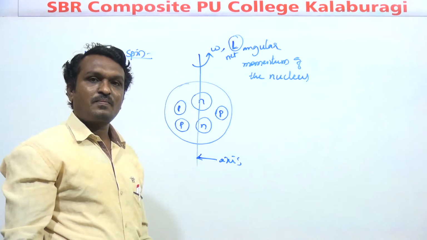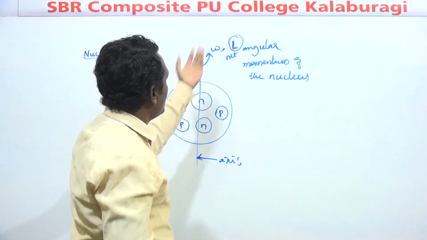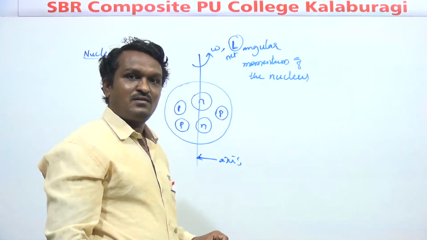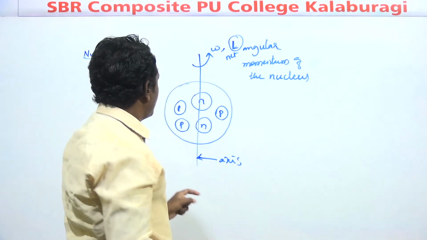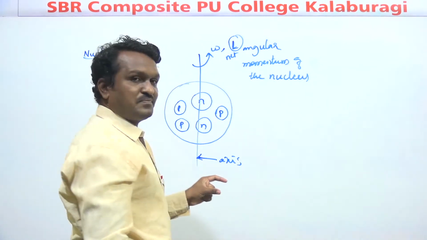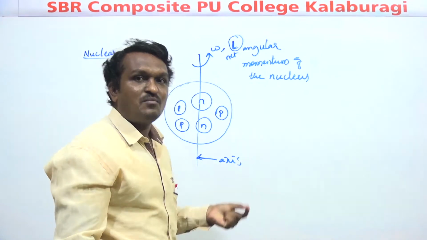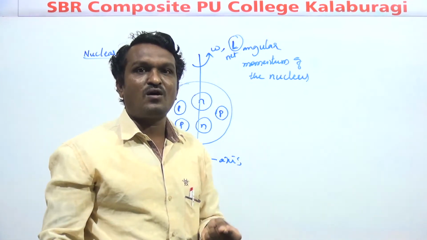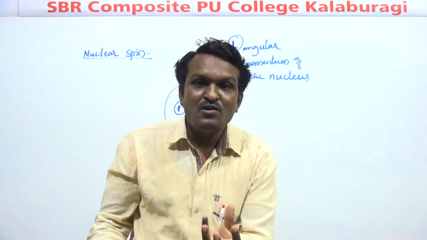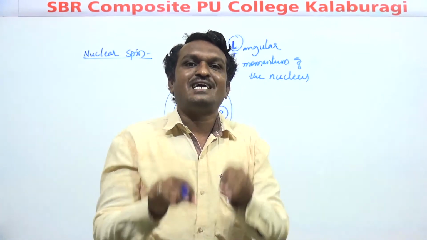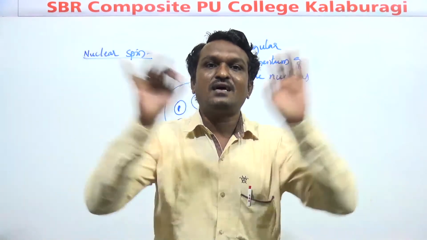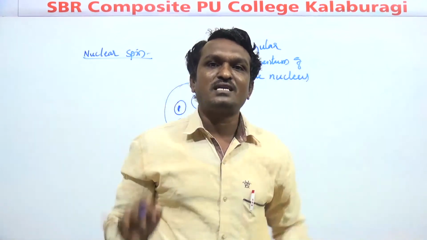But what makes this nucleus spin about an axis? The sum of the angular momenta of all the nucleons inside the nucleus makes the nucleus spin about an axis.